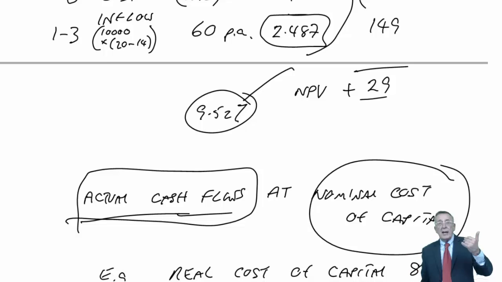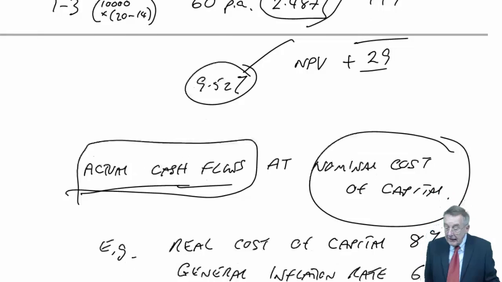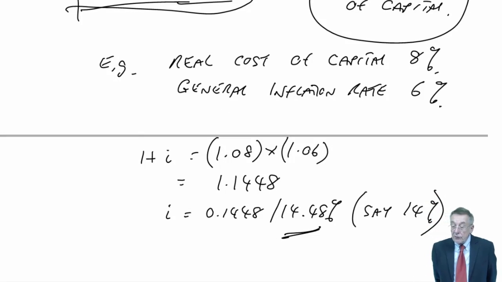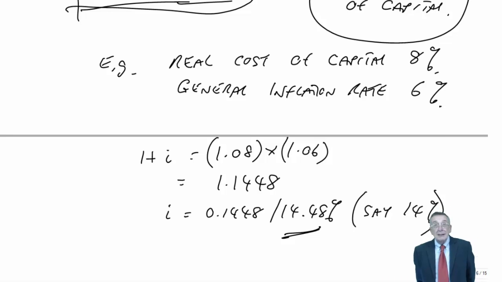If they give you the actual cost of capital, as we did in exercise 4, as we did in part A of exercise 5, no problem. But check carefully. If they ever tell you the real cost of capital, they'll also give you the general inflation rate. And you'll need to use the formula to work out the actual cost of capital and then discount at that rate.